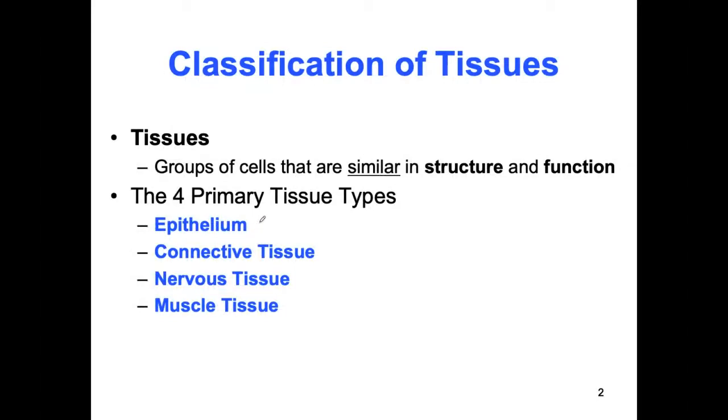Now remember, from a previous lecture, we have chemicals or chemistry, whether it's carbohydrates, proteins, and fats, or carbon, hydrogen, oxygen, and nitrogens, where you have chemistry that comes together to make cells, and then you get a group of cells that come together that have similar structure and function, and that's going to create tissues. And we have four primary types of tissues: epithelial tissue, connective tissue, neural tissue, and muscle tissue.